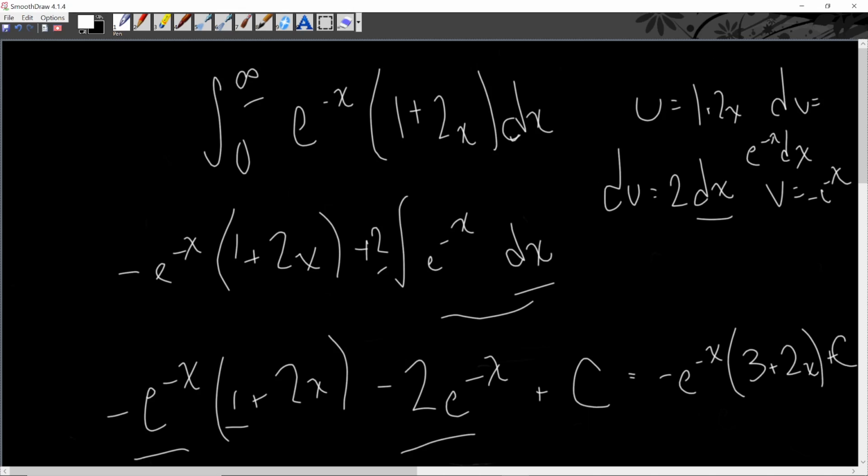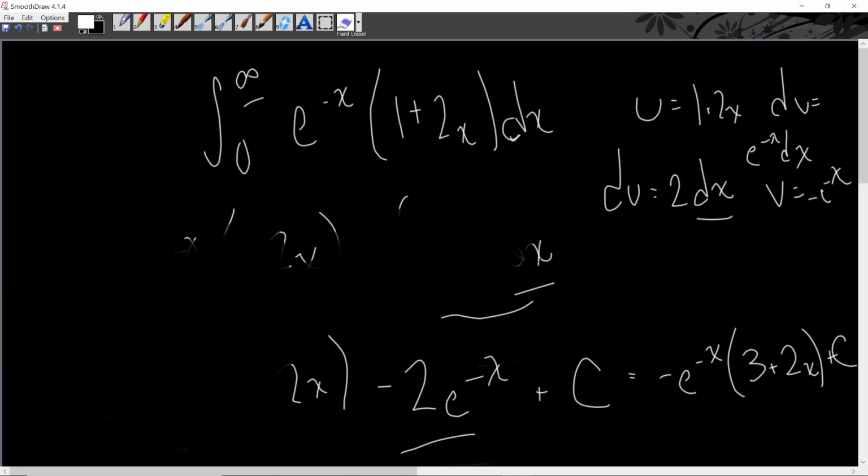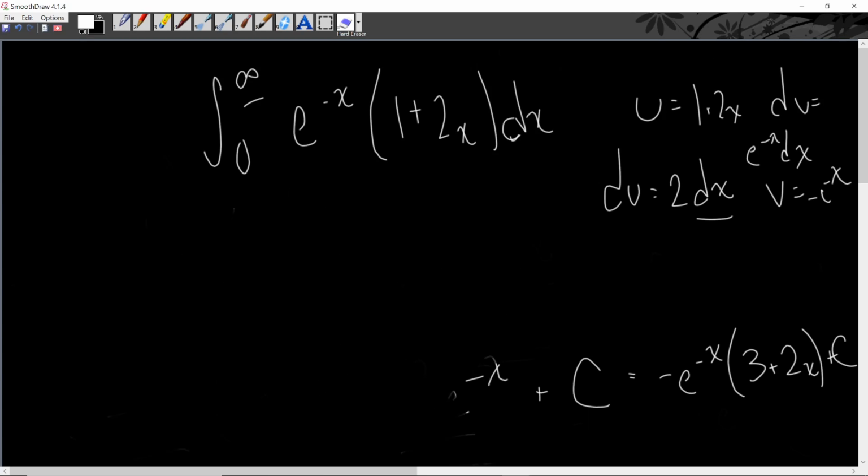Now, let's actually plug in our definite integral. So let's rewrite this and plug in our bounds. If negative e to the negative x times 3 plus 2x plus c is the antiderivative, then we're just going to have to rewrite this as our original function.